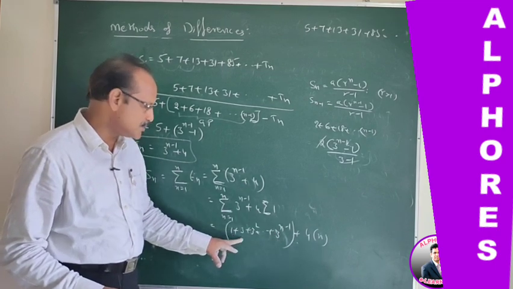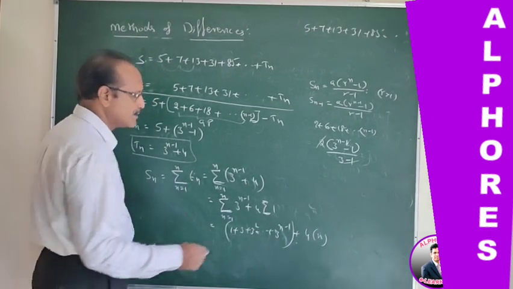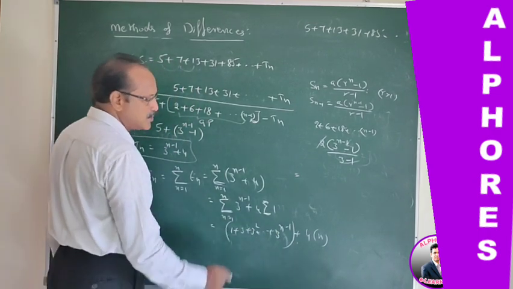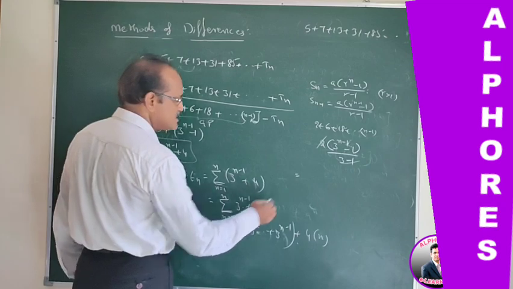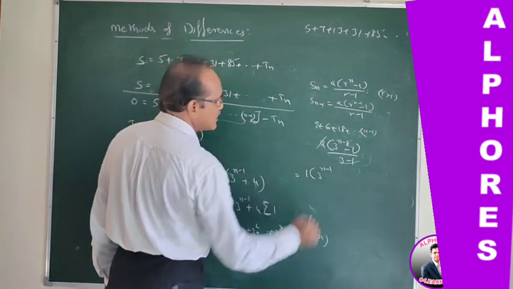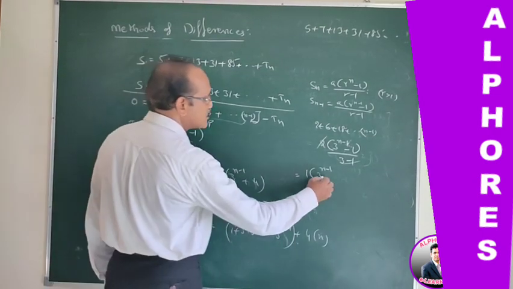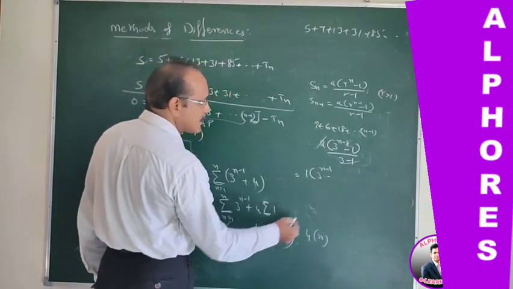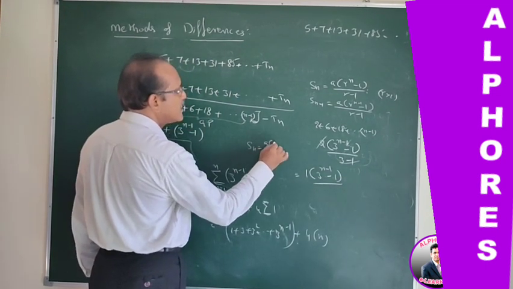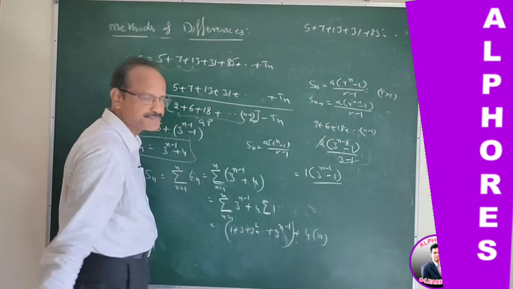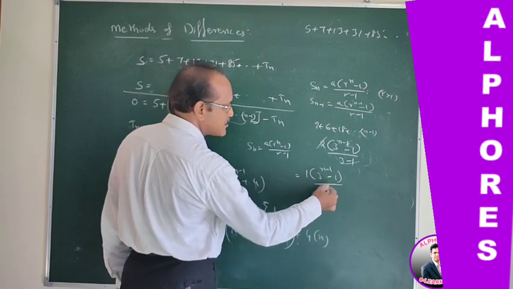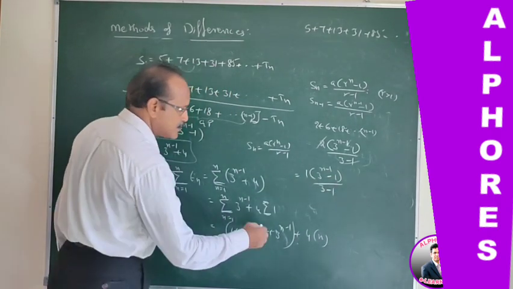We calculate the sum to n terms of the GP series, given by a into r power n minus 1 by r minus 1. Here a is 1 and the common ratio is 3, so it is 3 power n minus 1 by 3 minus 1, that is 2.